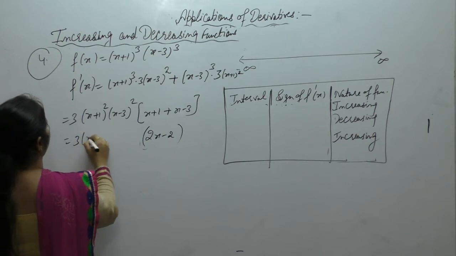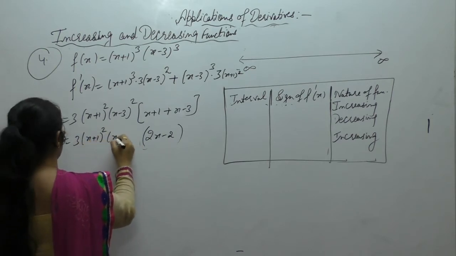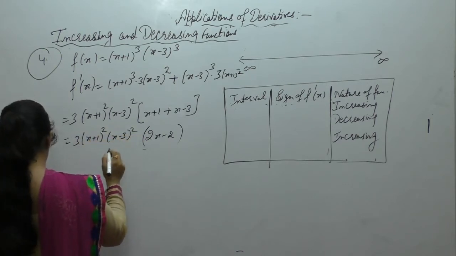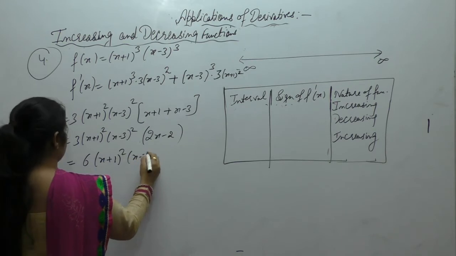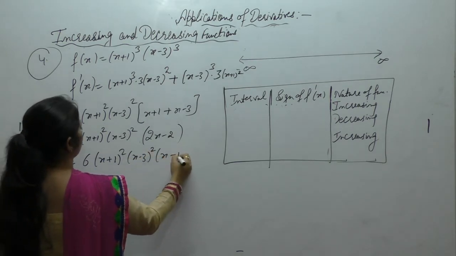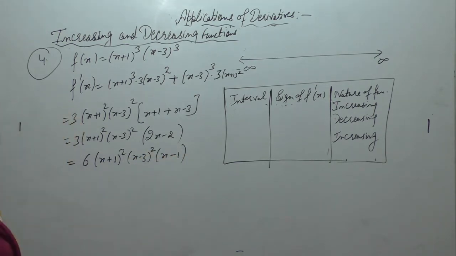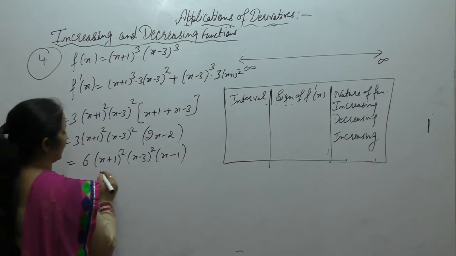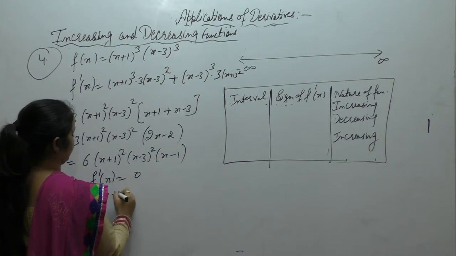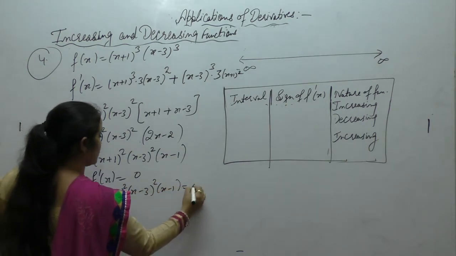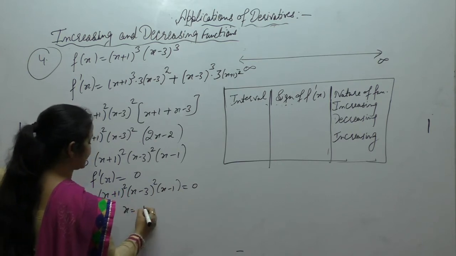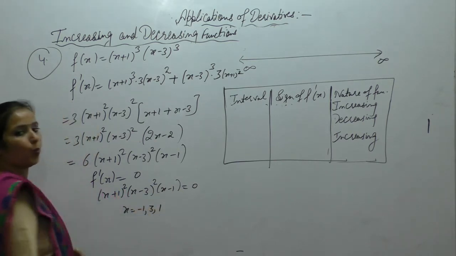So 3 into x plus 1 square, x minus 3 square and 2x minus 2. Take 2 common; by taking 2 common, we are left with x minus 1. Now put this derivative equal to 0. So we will get x as minus 1, 3 and 1.